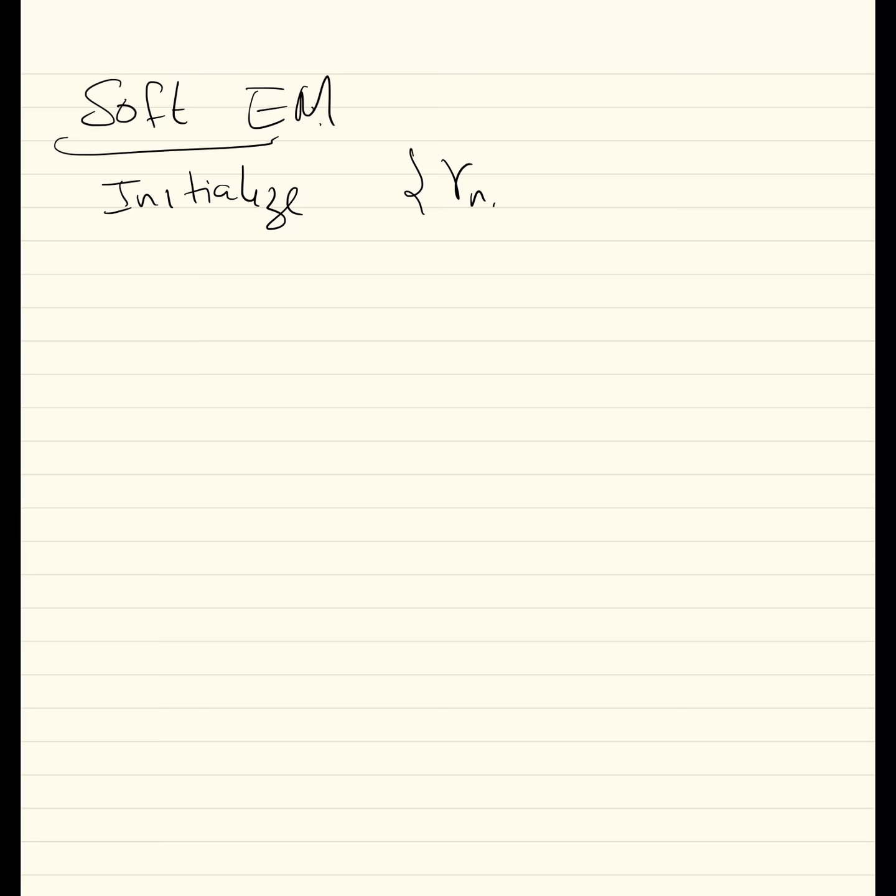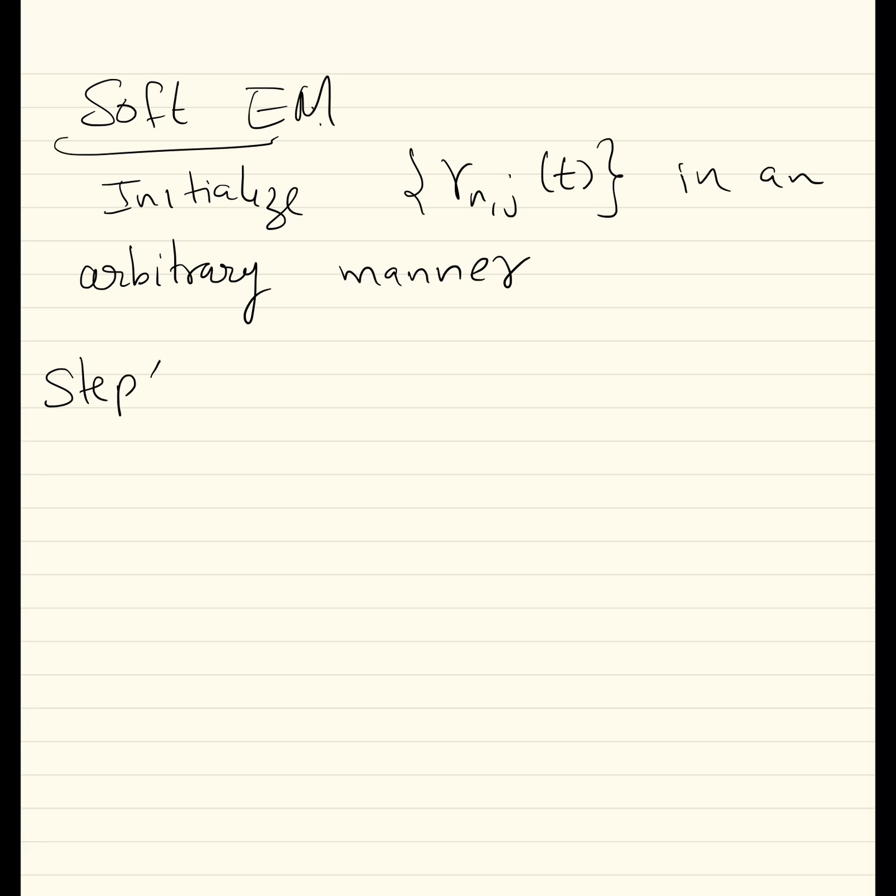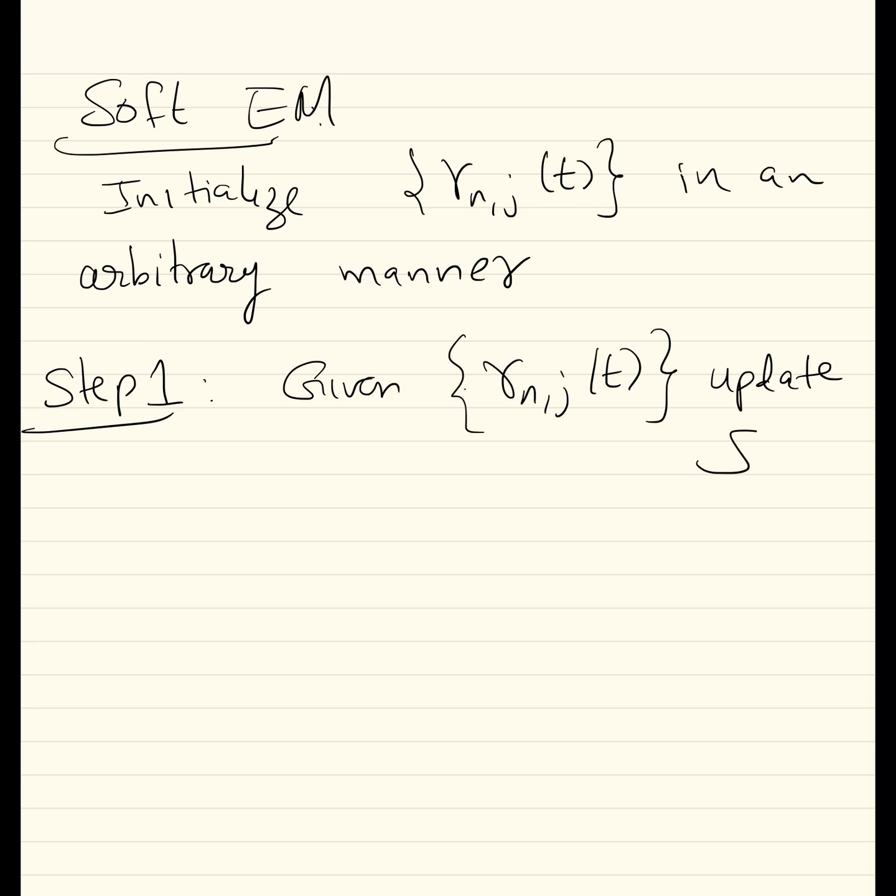So let me write it down and then we'll be done. So soft EM is: initialize gamma n j of t in an arbitrary manner. Step 1 is given gamma n j of t, you update your model parameters.